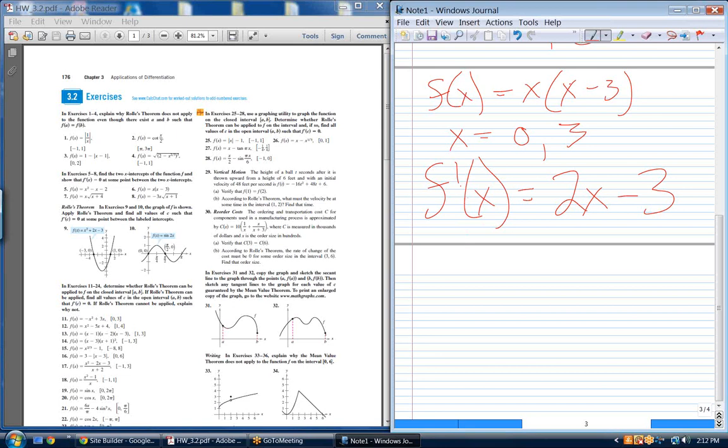And if I set f prime of x equal to 0, what is x equal to? 3 halves. So we found the two x-intercepts, 0 and 3, and we found a point between 0 and 3 where f prime of x was equal to 0.